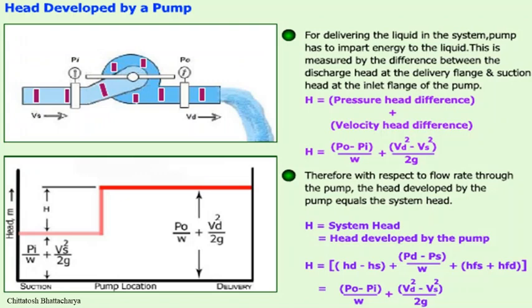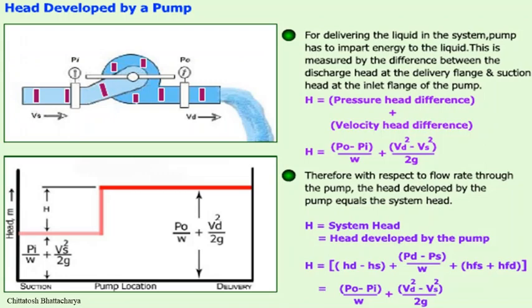And therefore, with respect to flow rate through the pump, the head developed by the pump must be equal to the system head. System head means static head, velocity head and friction head. So we get static head and pressure head and friction head equal to, that means system head must be equal to the pump head developed by the pump to make a flow at a particular rate.